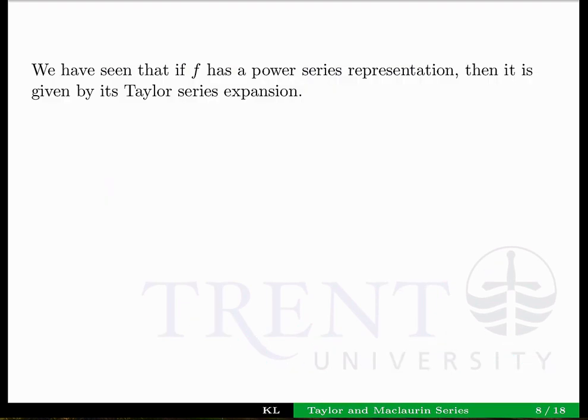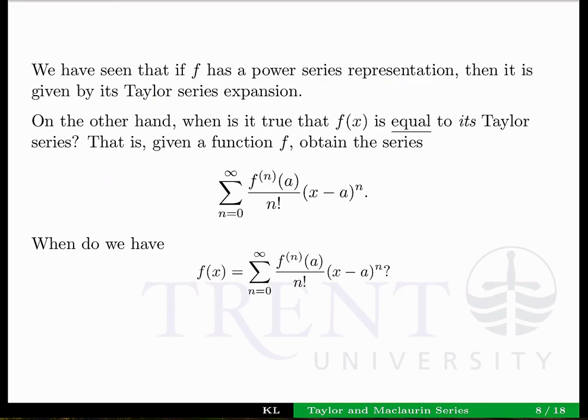Now, we have seen that if f has a power series representation, then it is given by its Taylor series expansion. On the other hand, when is it true that f of x is equal to its Taylor series?